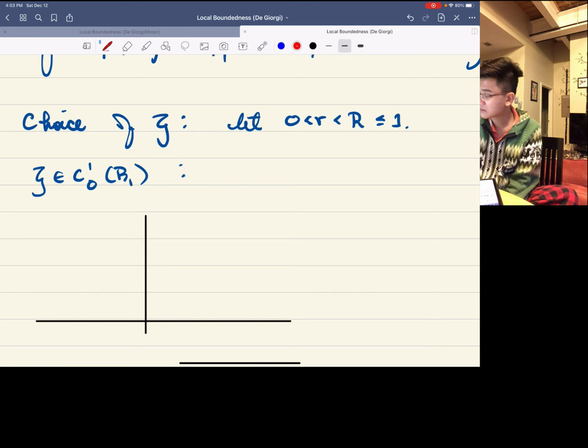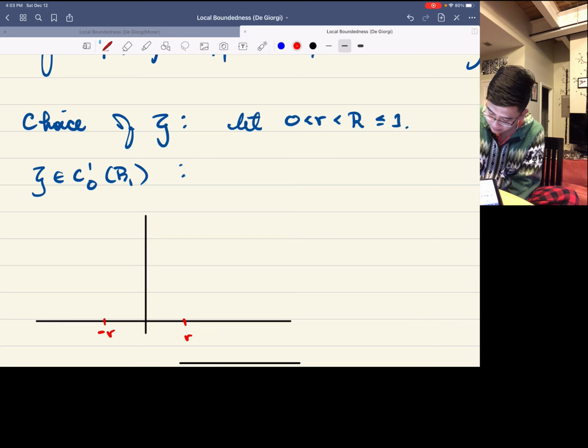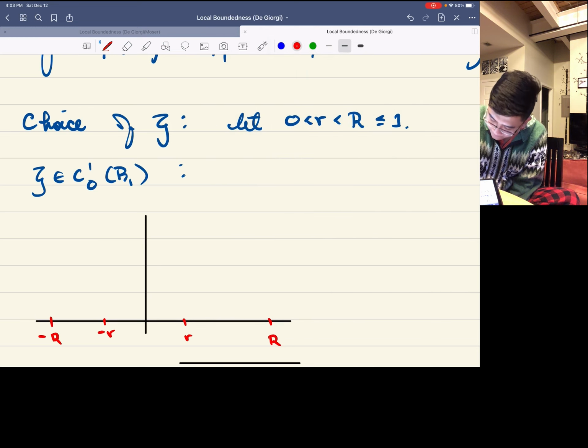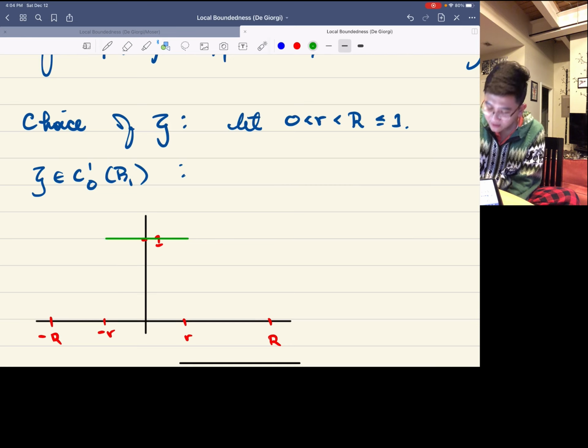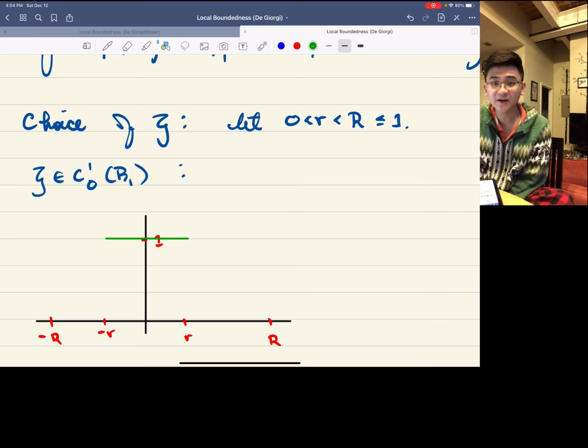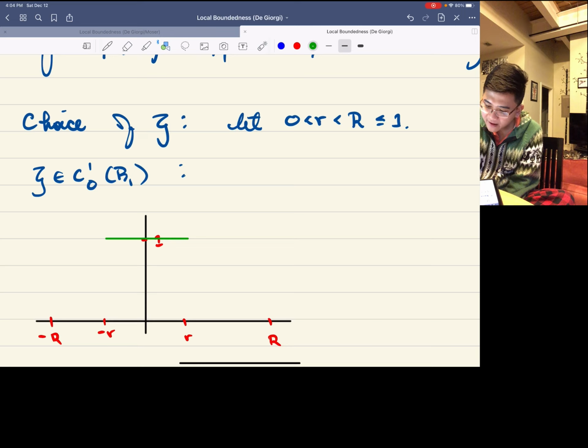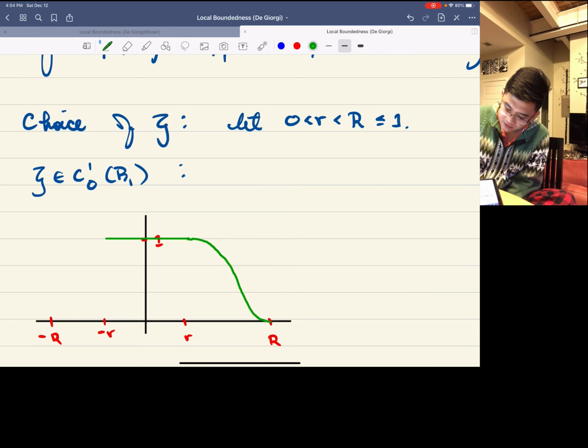Suppose this is minus r, this is r, this is minus big R, big R. I am going to choose zeta such that it's equal to 1 in the region minus r to r, so in the ball of radius r centered at 0. So it's 1 there, and then it's going to decay to 0 such that it's equal to 0 now at big R, so on the boundary.